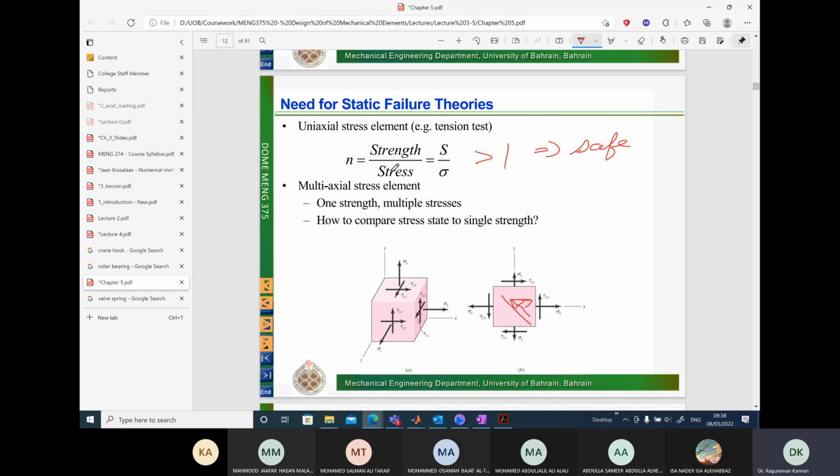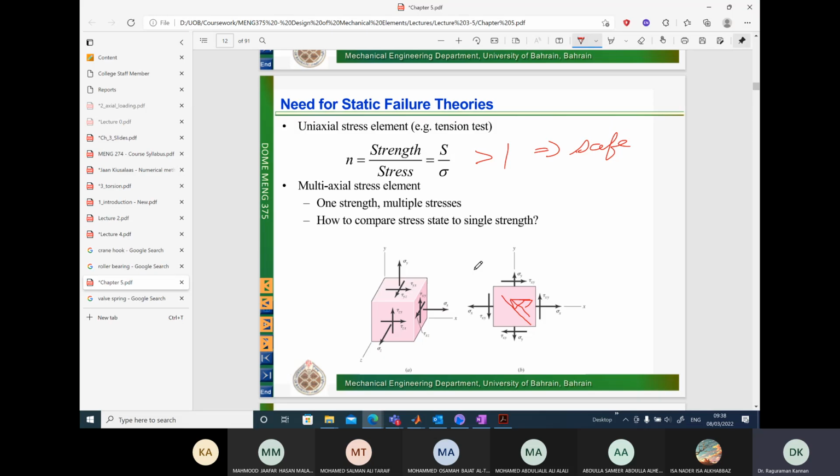But still, even in the 1D case, we have seen that when I rotate the plane on which I calculate the stress, there is a direction in which the normal stress is maximum. There is another direction in which the shear stress is maximum. So which one to compare? So we need a good failure theory.